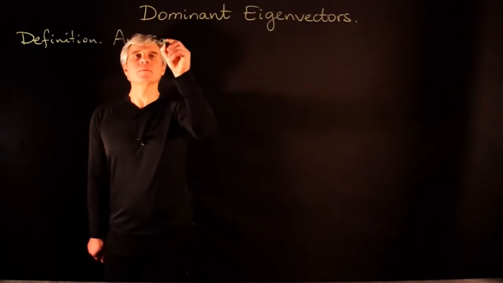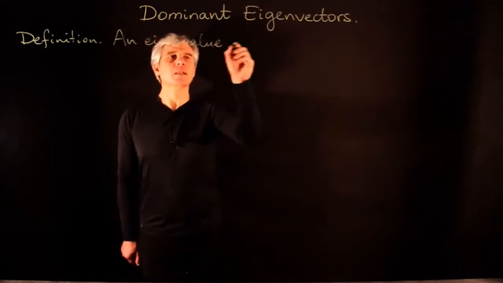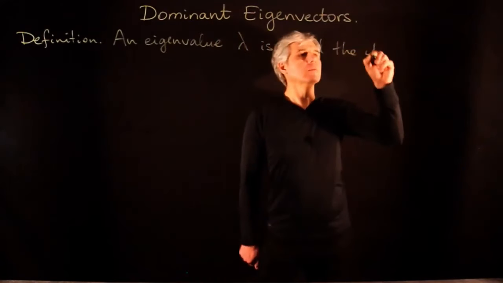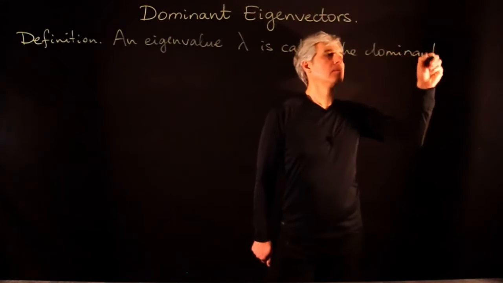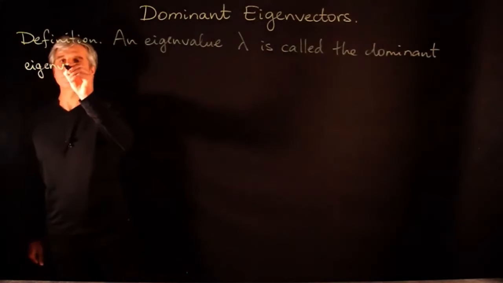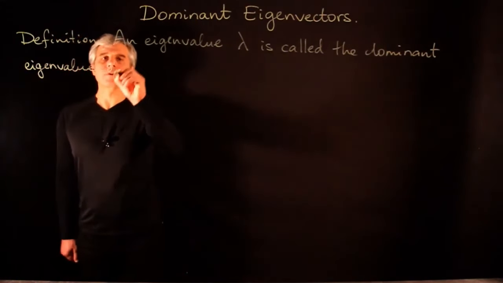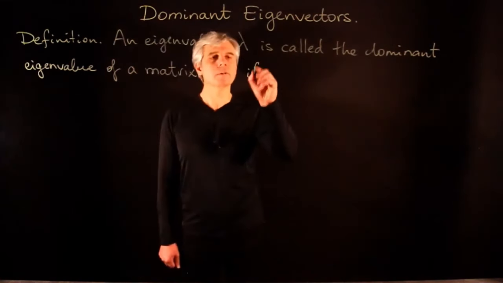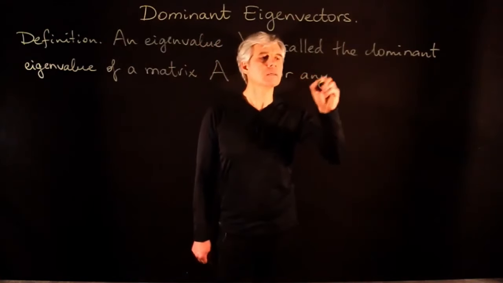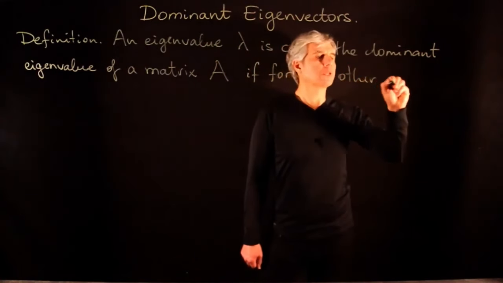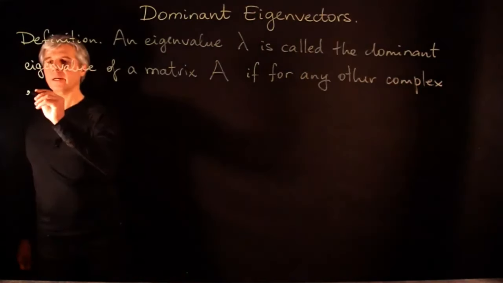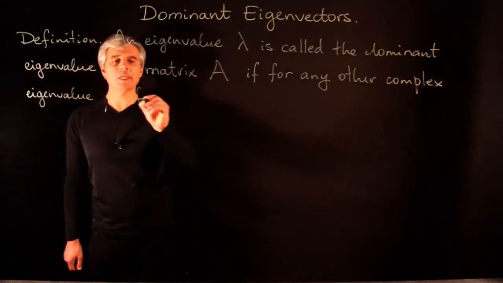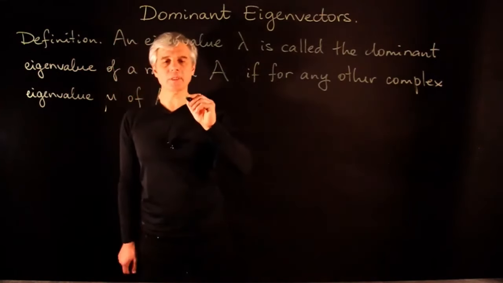An eigenvalue lambda is called the dominant eigenvalue of a matrix A if for any other complex eigenvalue mu of matrix A, the following condition holds.